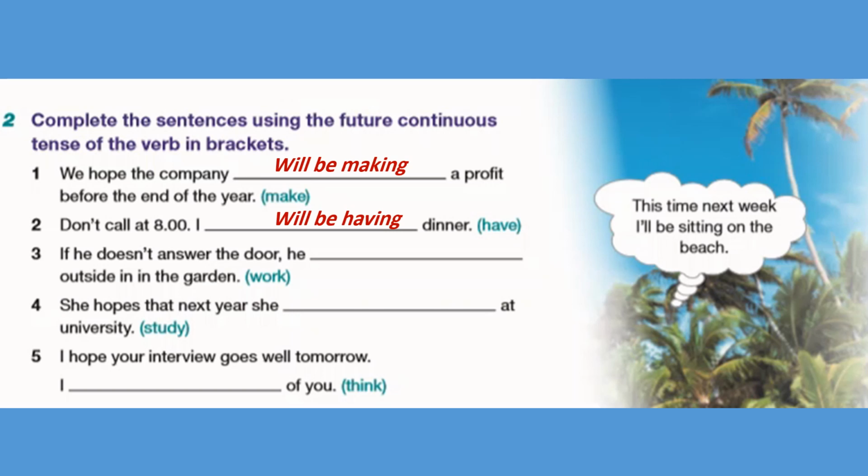Number 3, if he doesn't answer the door, he will be working outside in the garden. He will be working. Number 4, she hopes that next year she will be studying at university. She hopes she will be studying. Number 5, I hope your interview goes well tomorrow.